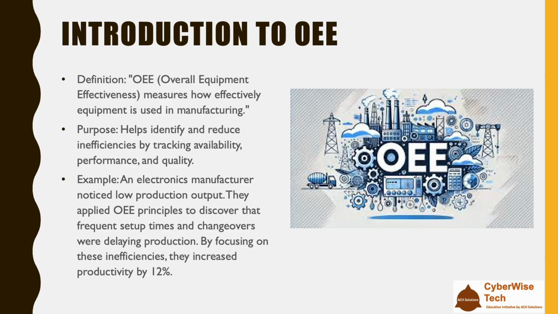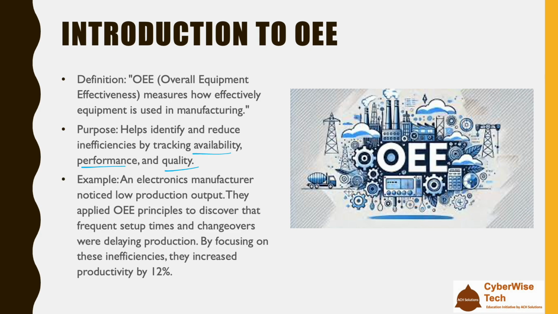So it basically focuses on three critical areas of any equipment: the availability, the performance, and the quality. By identifying inefficiencies in these areas, manufacturers can unlock hidden potential in their operation.